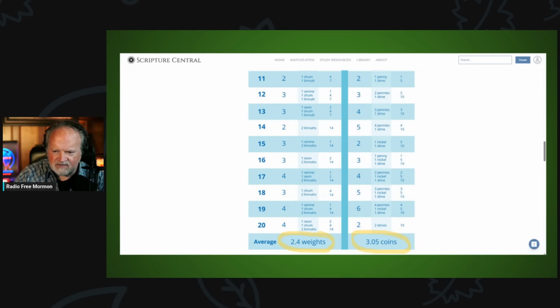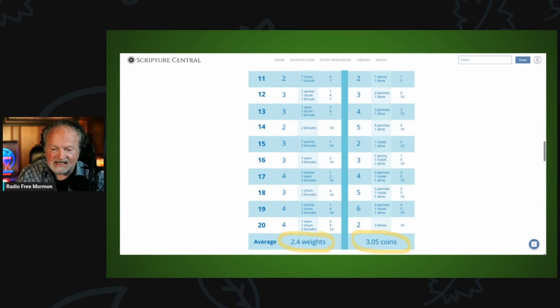And finally, when they get to the bottom, after going through 20, they went up to 20, right? But they cheated because they used lesser values US, greater values Nephite. And the average that they come up with, the average number of units needed for 1 through 20 in the Nephite system, is 2.4 weights. That's the average per any number between 1 and 20. The Nephite is 2.4.